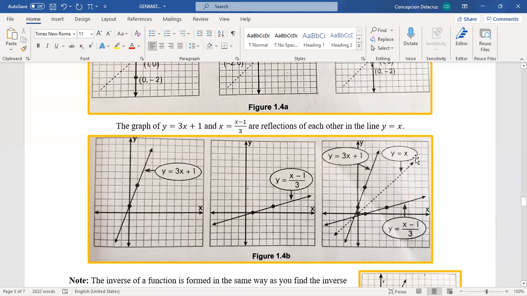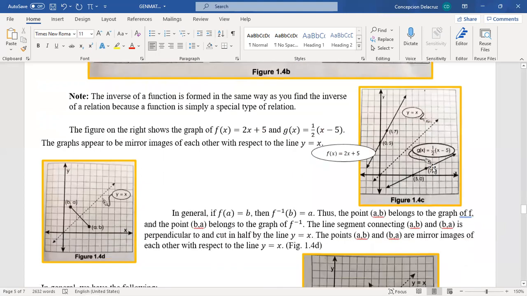But then there is a line of symmetry between the two, which is still a reflection of each other. So the inverse of one is just the reflection of its original function. Okay, the line of symmetry is y is equal to x.